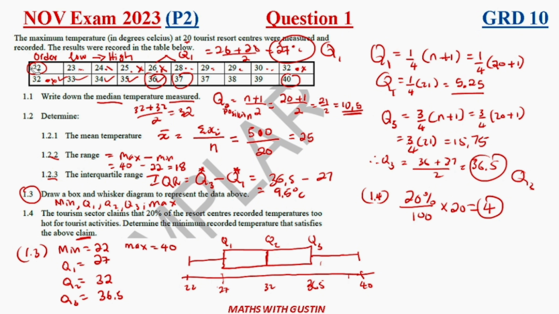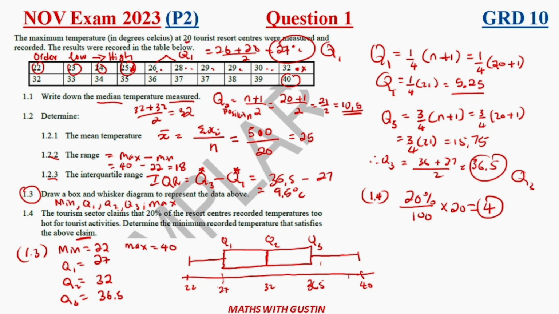So now if you come here and we look at the data that is given here, I'm just going to remove these things, a little bit messy. If you look at this data here given, they said what? This percentage gives you the position of the minimum temperature recorded. So if you look at this one, 1, 2, 3, 4. 25 degrees is not that too hot for tourism activity.